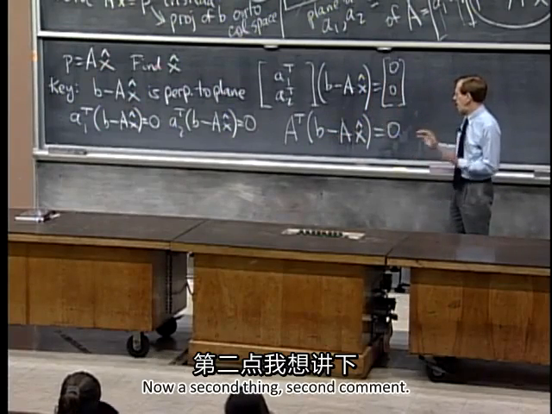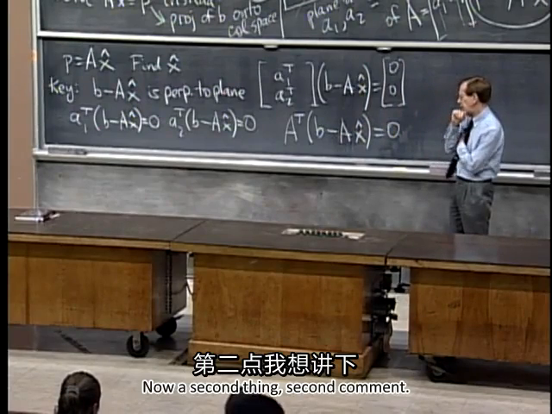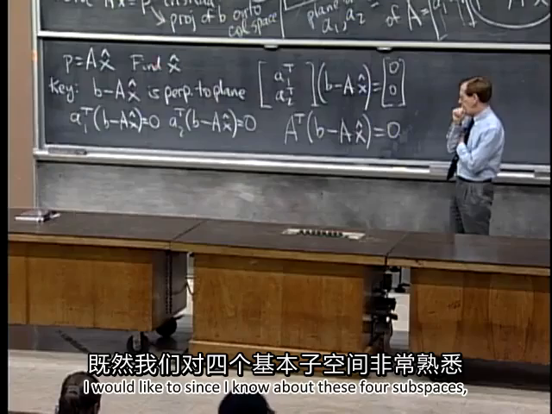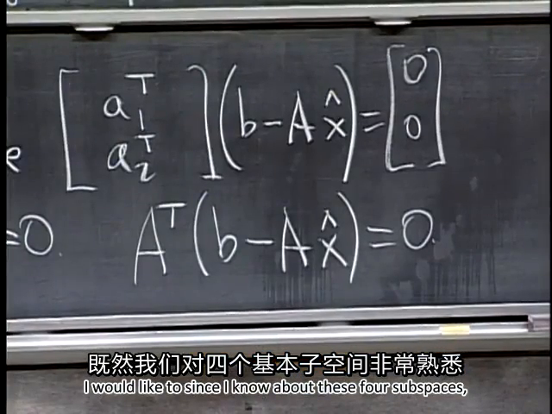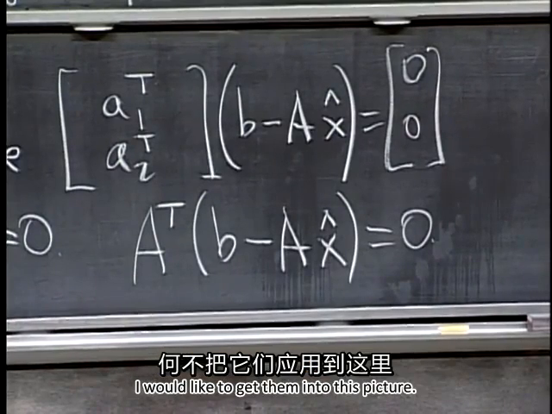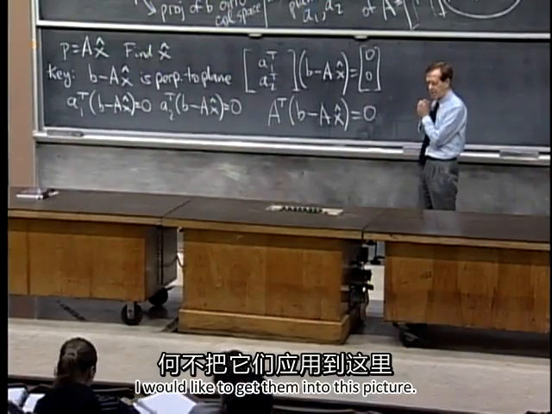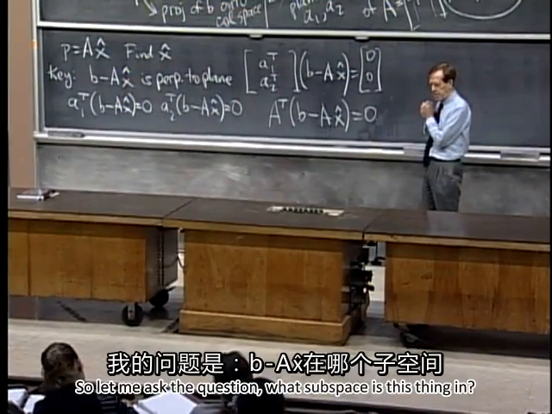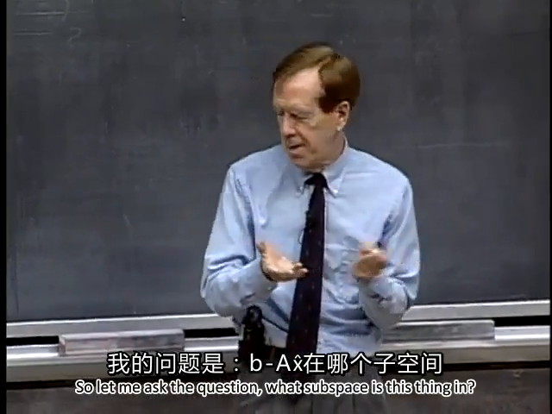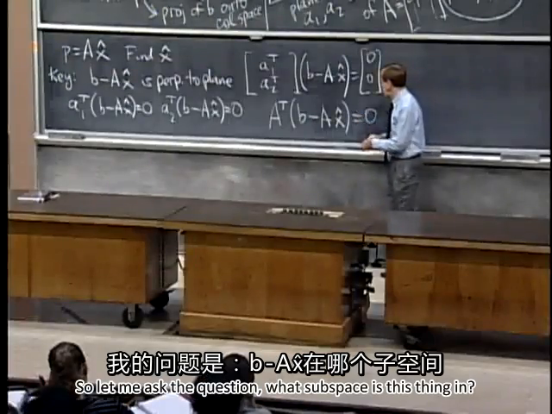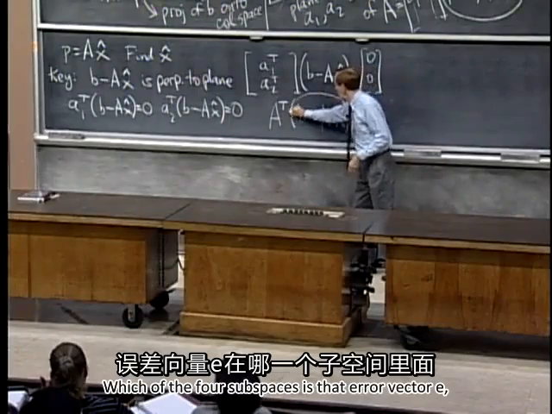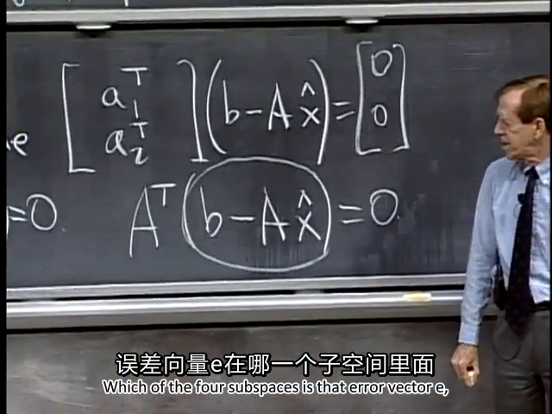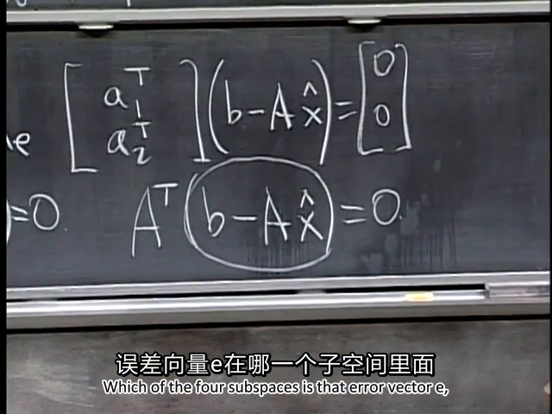Now, a second comment. Since I know about these four subspaces, I would like to get them into this picture. So let me ask the question: which of the four subspaces is that error vector E in?